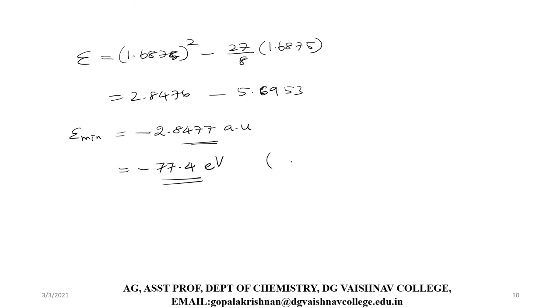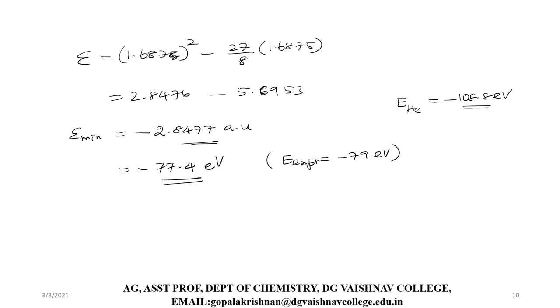You know very well the experimental result is minus 79 electron volt. And I also told you using the independent particle approximation, we got the energy of helium atom as minus 108.8 electron volt.